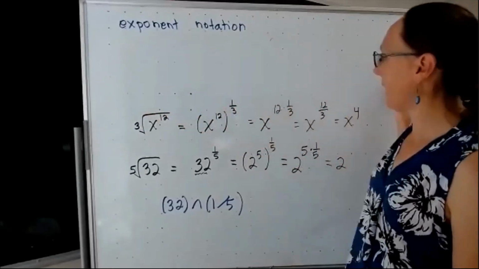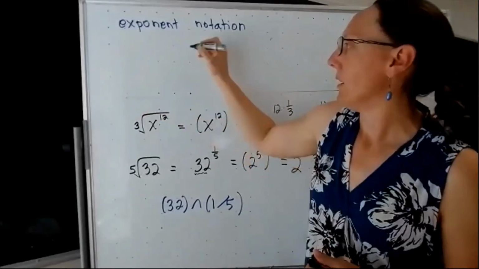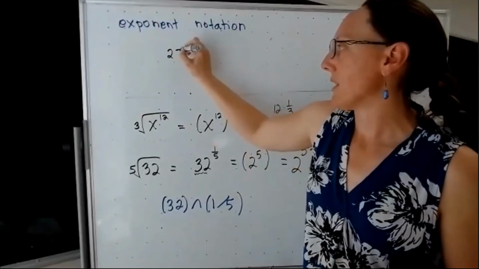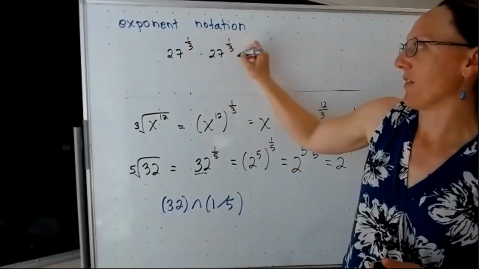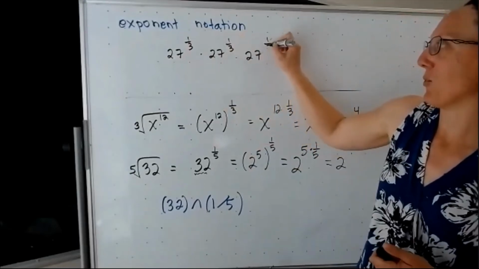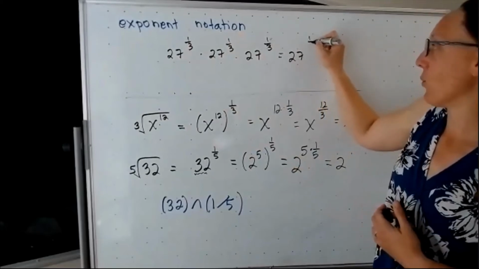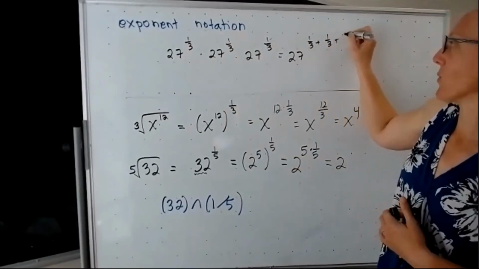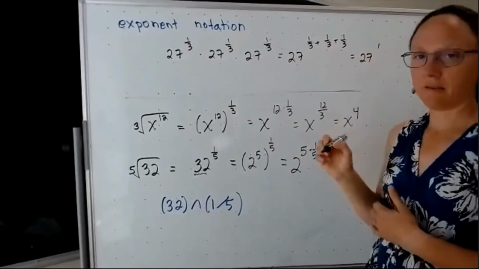If I had 27 to the 1/3 power times 27 to the 1/3 power times 27 to the 1/3 power, that would be 27 to the 1/3 plus 1/3 plus 1/3, or 27 to the 1.